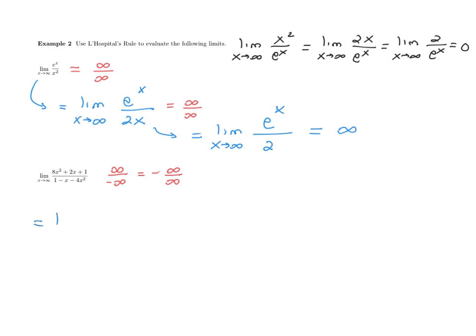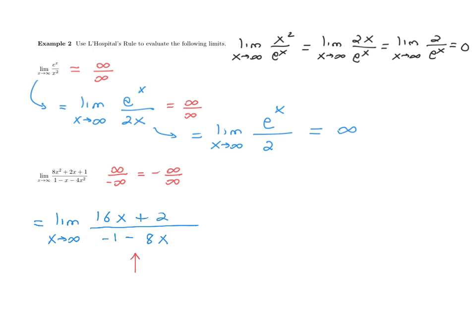So this limit is equal to the limit as x goes to infinity of the derivative of the top divided by the derivative of the bottom, which is 16x plus 2 divided by negative 1 minus 8x. The question is, can I simply just evaluate this, or is this still an indeterminate form?